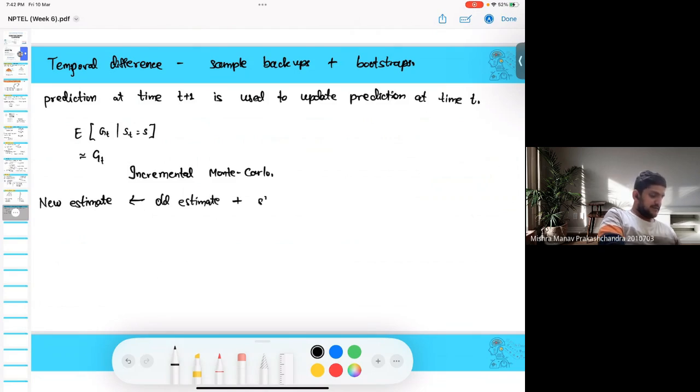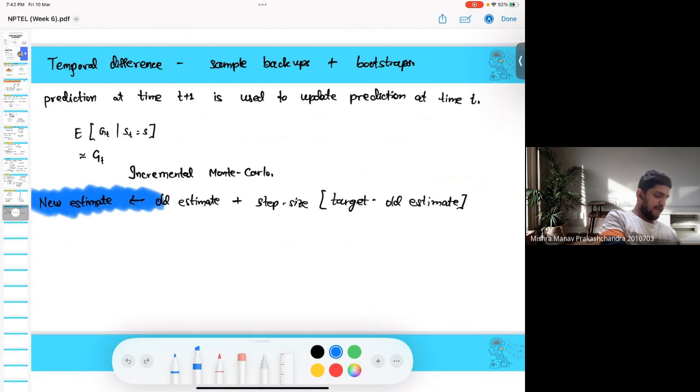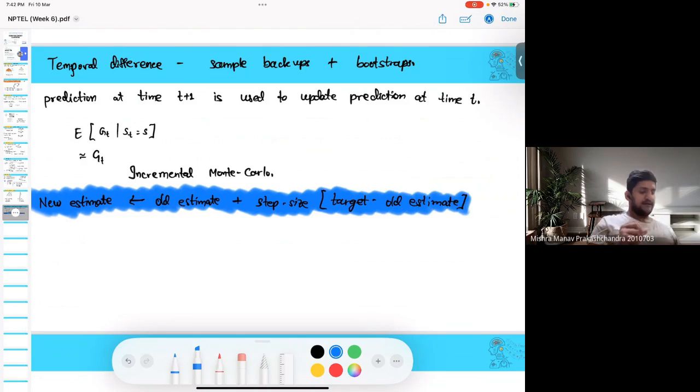plus step size times target minus old estimate. Okay, we again came back to this definition.